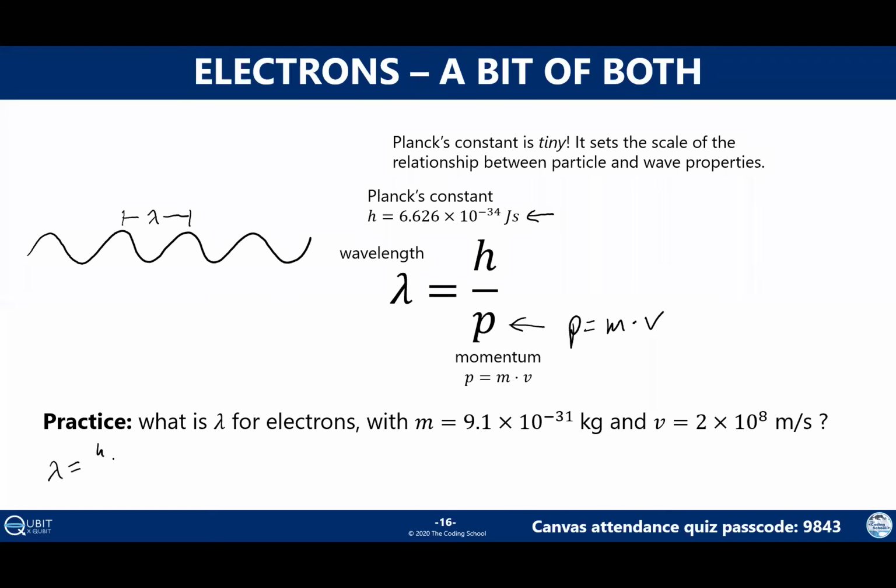Lambda equals h over p. I'm going to plug in my values here. So h is 6.626 times 10 to the minus 34, and the units here are joule seconds, so joule times second. Divided by, and the momentum is just mass times velocity. So 9.1 times 10 to the minus 31.